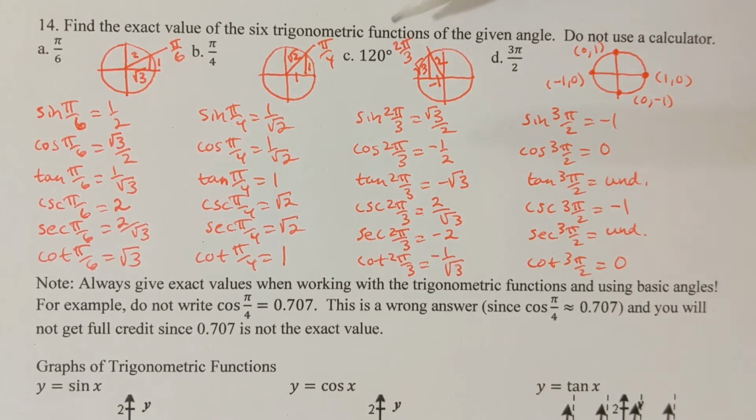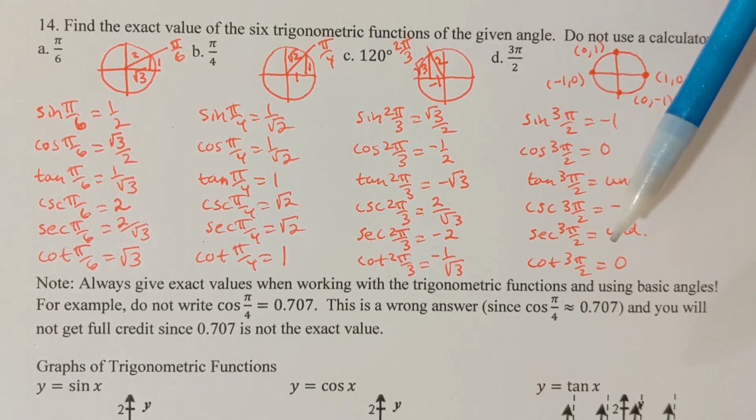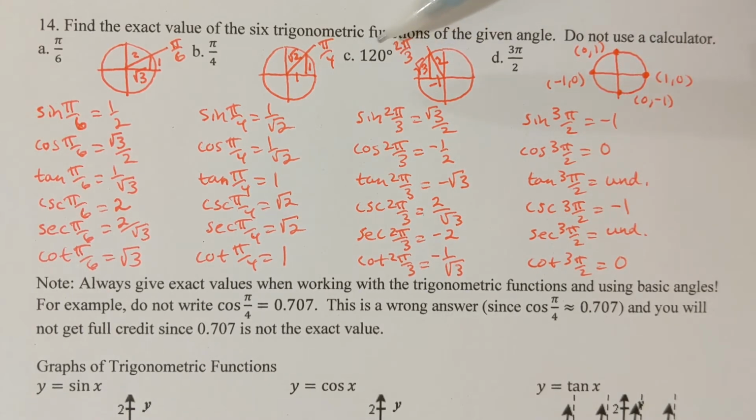And of course, to convert an angle that is in degree measure to radian measure, you simply multiply by pi over 180 degrees and then reduce. So if I take 120 degrees times pi over 180 degrees, 120 over 180 would be 2/3, and so 2/3 pi would be my angle, but now in radian measure.